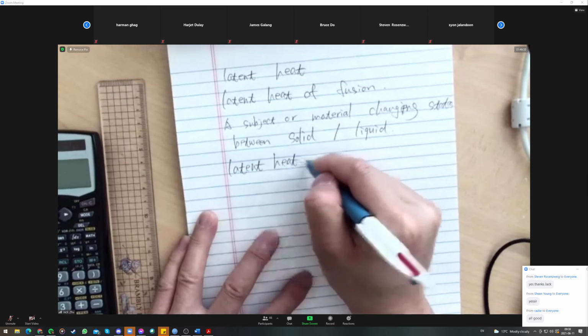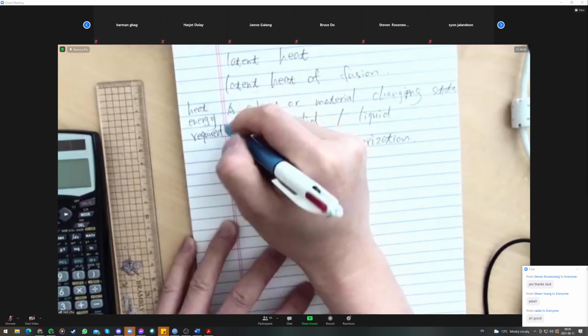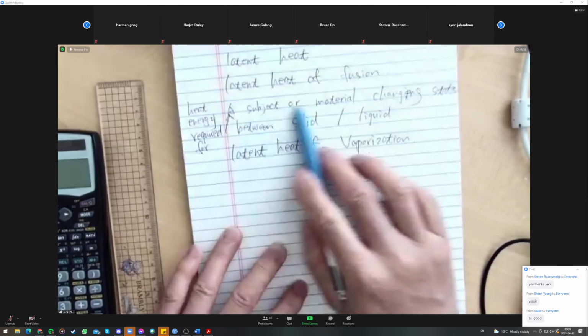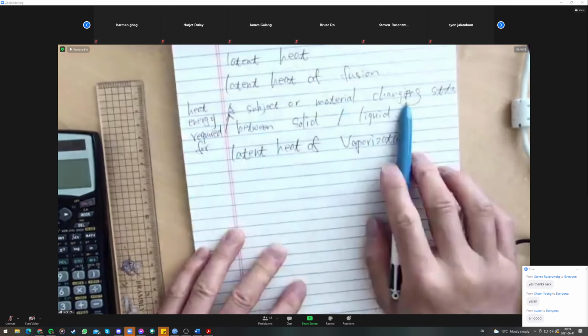The latent heat of fusion is the heat energy required for a subject or material to change state between solid and liquid.